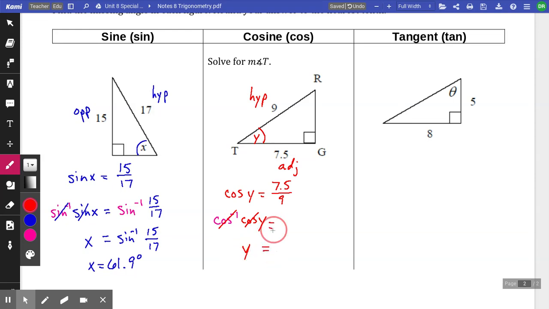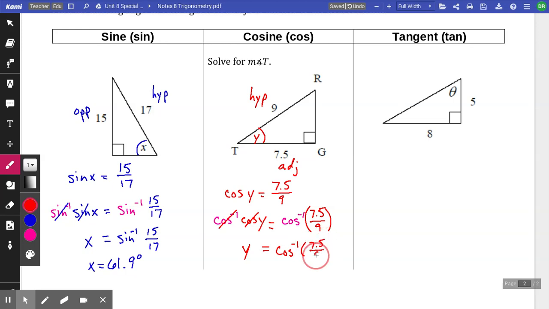So now we just have the letter y over here, and whatever we do to one side of the equation, we will do to the other. And so we have arc cosine of 7.5 over 9. And you might have noticed when I typed this into a calculator earlier, it put parentheses there, which is fine. Let me put that back in red since that's how it was before. Okay, and so we get that y equals arc cosine of 7.5 over 9.